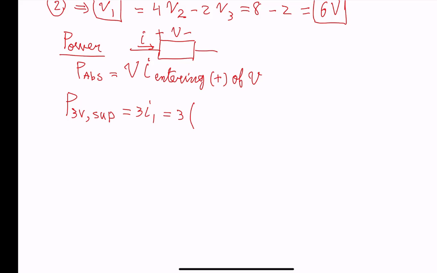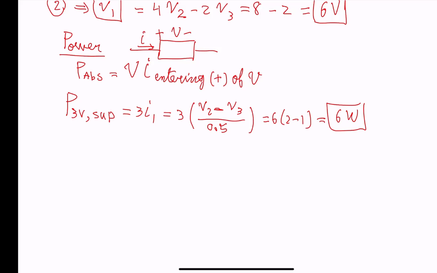Current going from node 2 to node 3 is V2 minus V3 over 0.5. So we get 6 times 2 minus 1, 6 watts. And make sure you put supplied next to that. Otherwise, when we talk about power, we're simply referring to absorbed power.